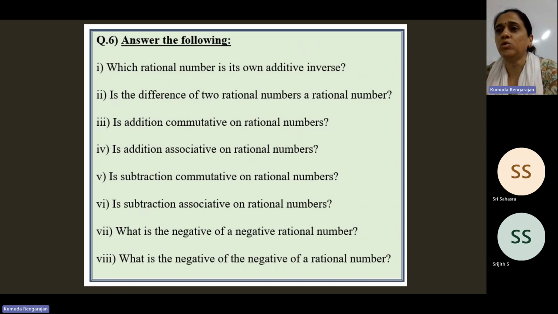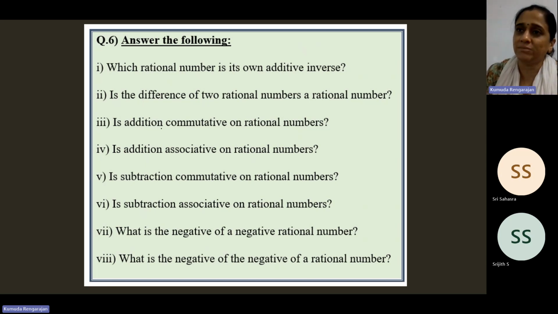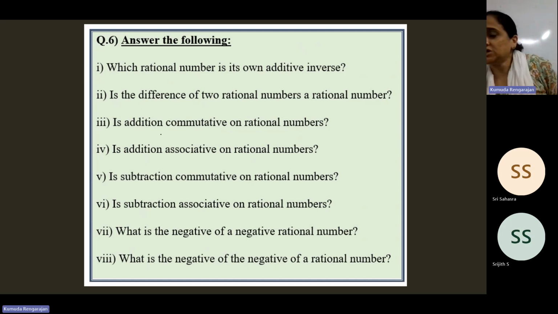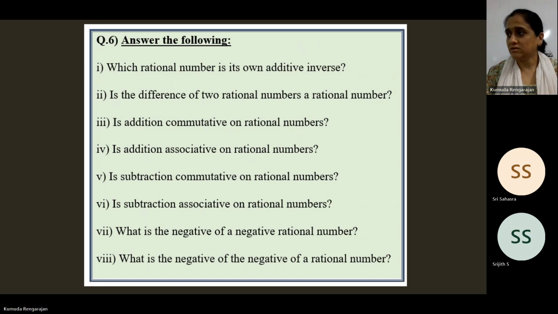The closure property holds good for addition, subtraction, and multiplication, not for division always. When you take a rational number and another rational number and find their difference, the answer will be rational. That is the closure property. Rational number minus rational number is equal to rational number.